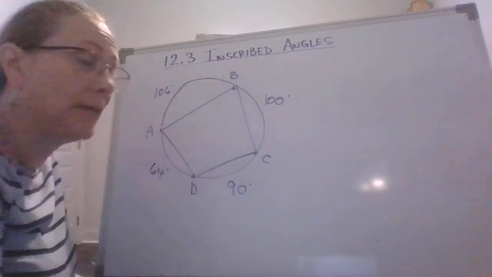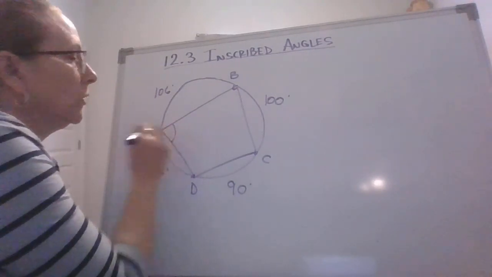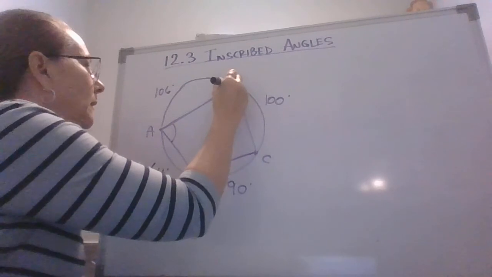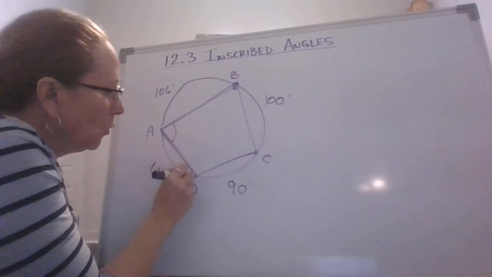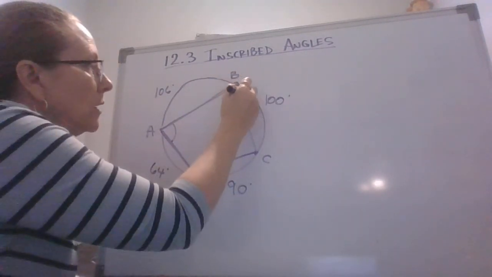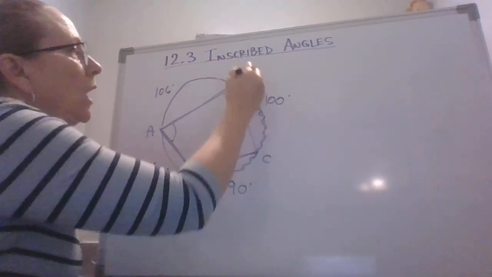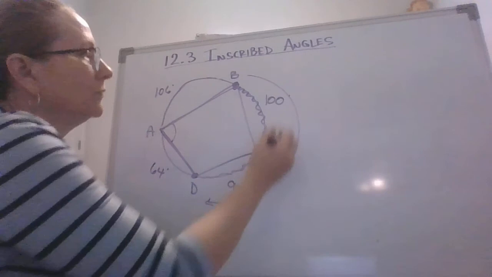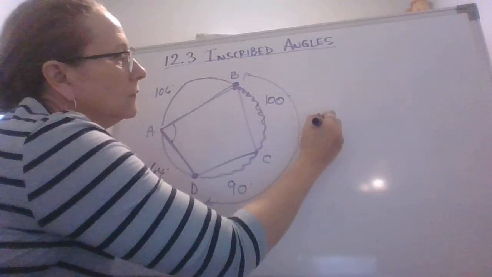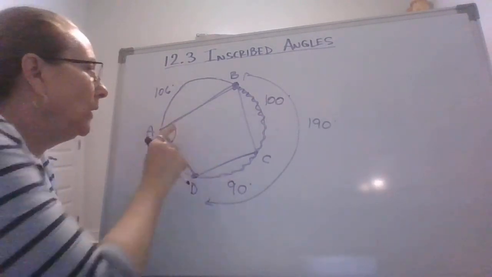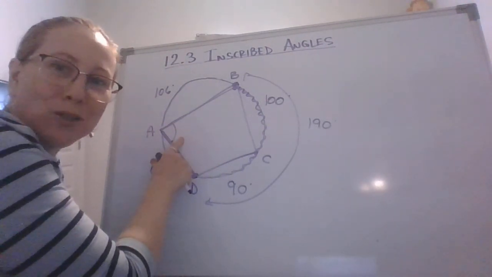Let's start with angle A. Angle A here, well, its chord goes to B, and this chord goes to D. So the arc isn't just 100, it is 190. So if the arc is 190, the angle is half as much.